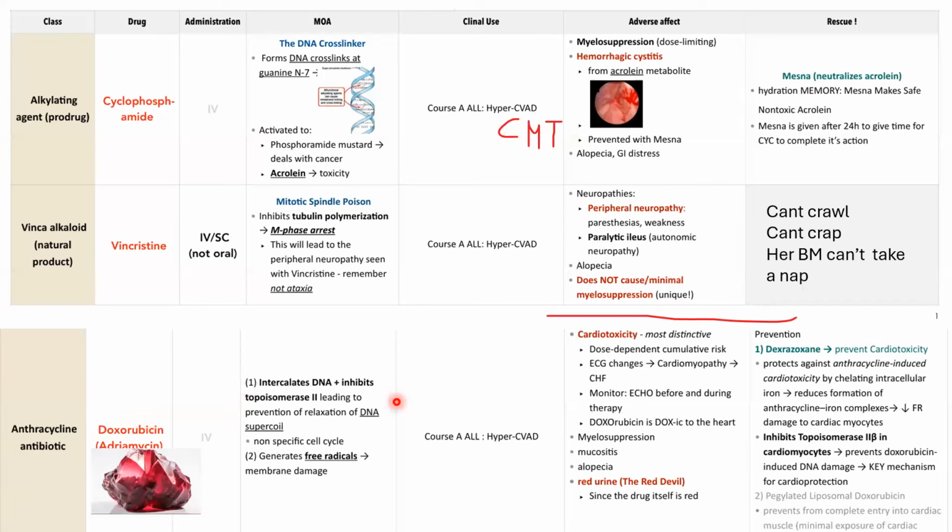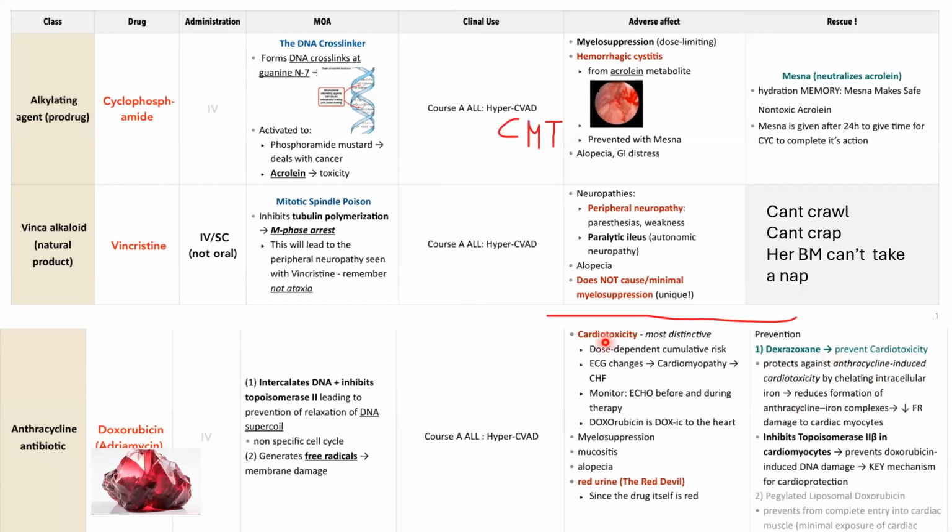So what do we prescribe with doxorubicin to minimize cardiotoxicity? It's dexrazoxane. Very easy to remember because doxorubicin and dexrazoxane look similar. So remember these go hand in hand.